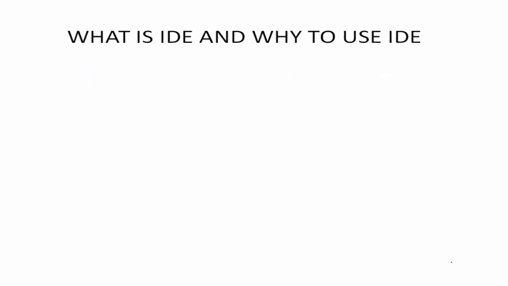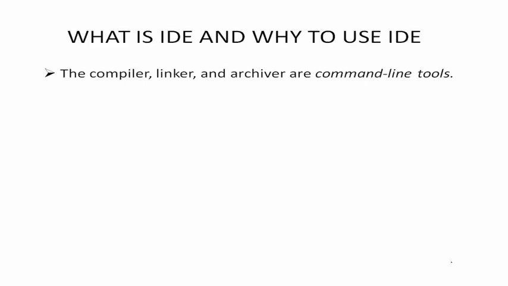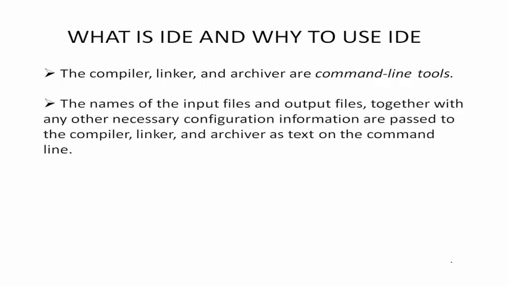Okay, now what is an IDE and why use an IDE? The compiler, linker, and archiver are command line tools. We pass the name of the input file and output file, together with some necessary configuration information, to the compilers, linkers, and archivers as text in the command prompt, and we will get the specific output from those programs.